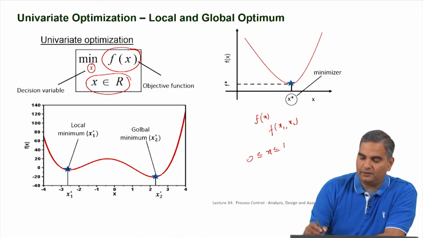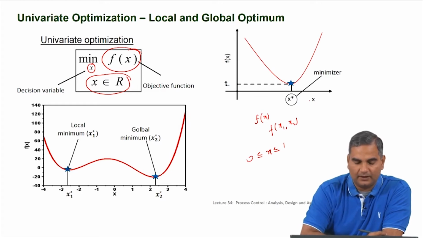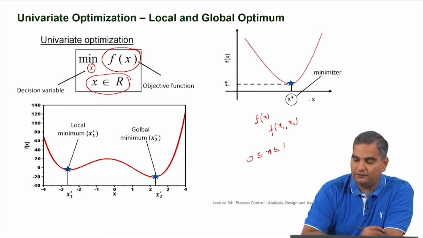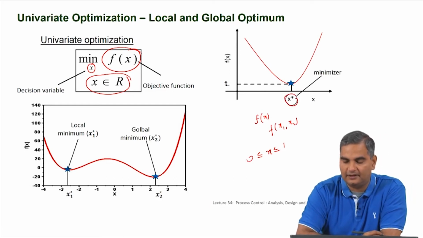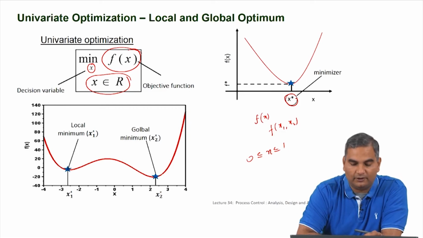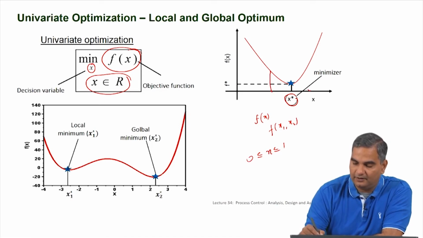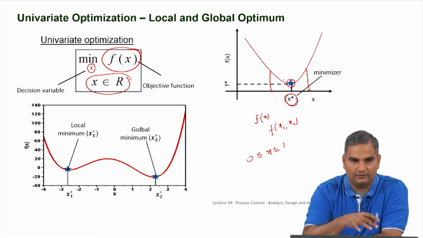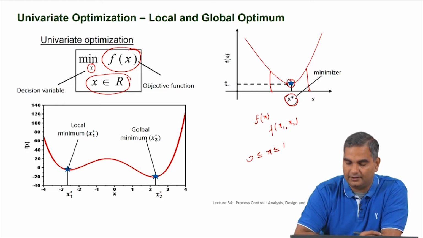You might ask, what is this optimization problem solving? Supposing you were to plot this function f of x as a function of x, what this optimization problem is trying to find is the value x star at which the function takes the smallest value, because we are trying to minimize. That point would be this here, because for any other x, f of x will be larger. The absolute smallest value that f of x can take will occur at this x star.